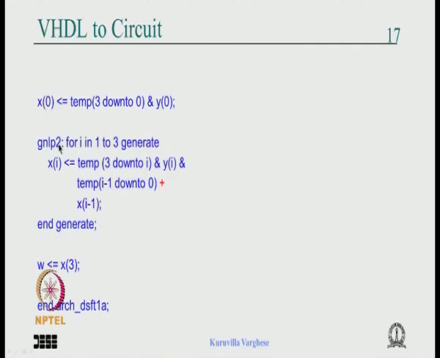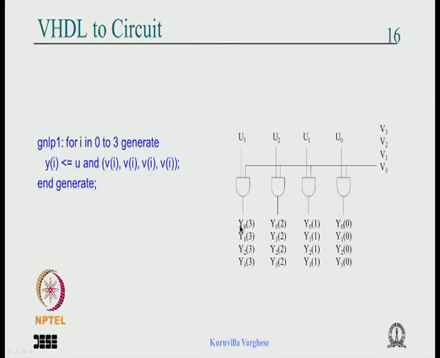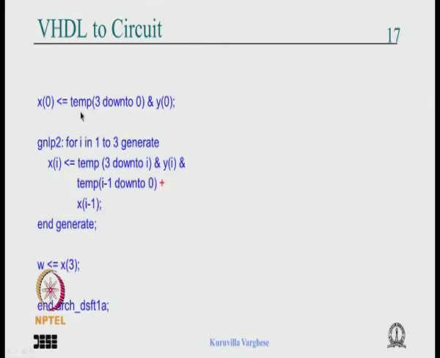The X0 which is not in the loop, probably which could have been in the loop, but let us see. X of 0 is temp 3 down to 0 which is nothing but 4 zeros, and Y of 0 is this 4 bit. So you have 4 zeros then appended with Y of 0.